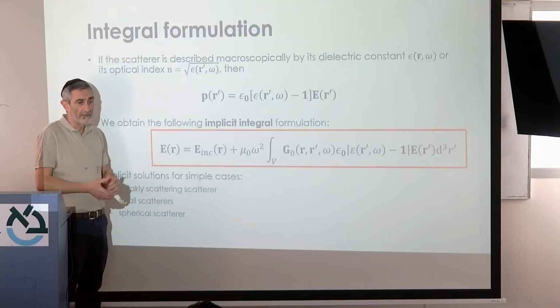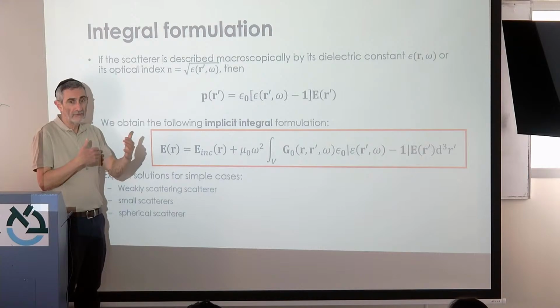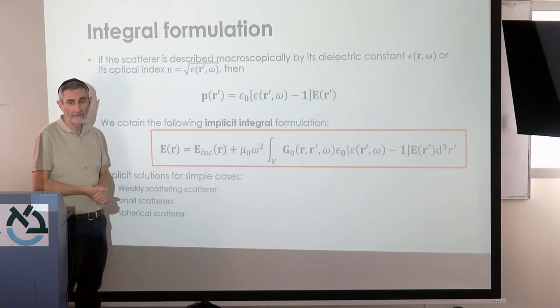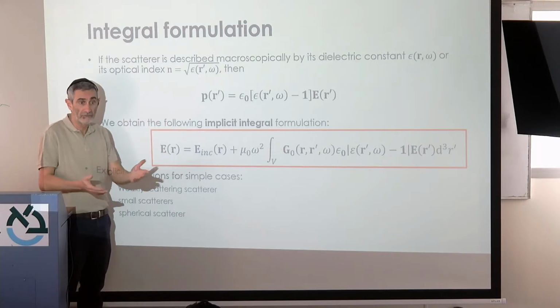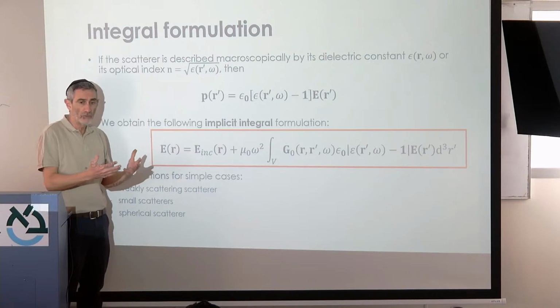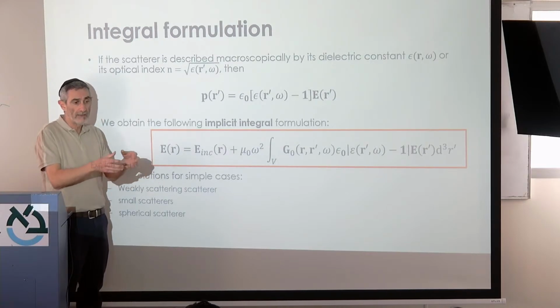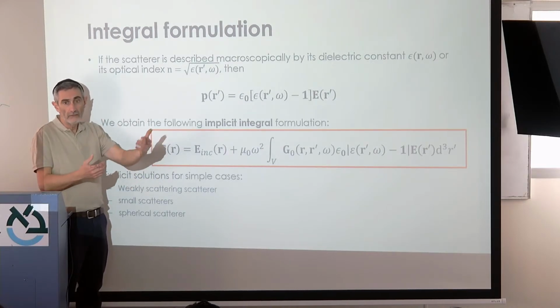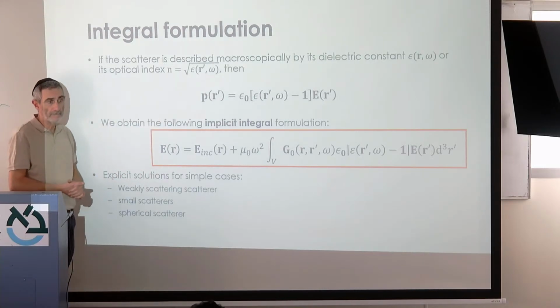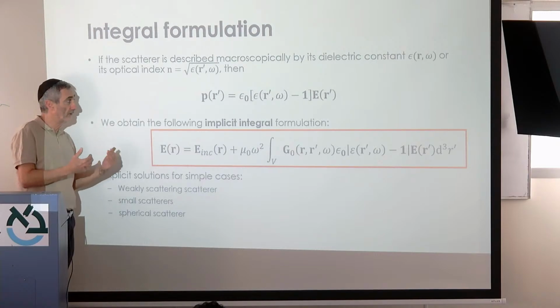And this polarization will after that radiate back the field in all directions. That's the scattered field. So the process is always like that. You have an incident field, the field polarizes the medium, and this polarization radiates energy away from the scatterer.